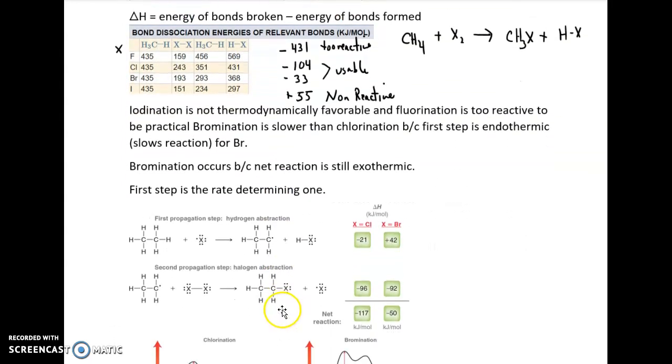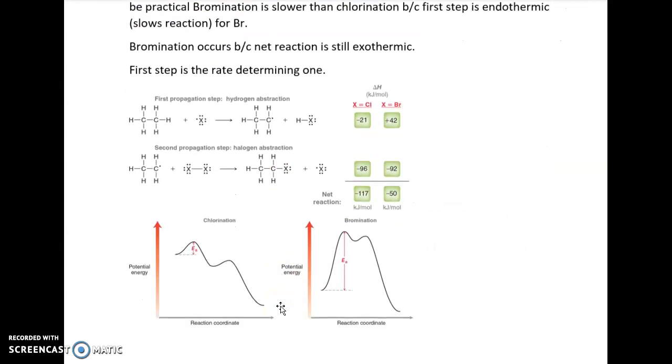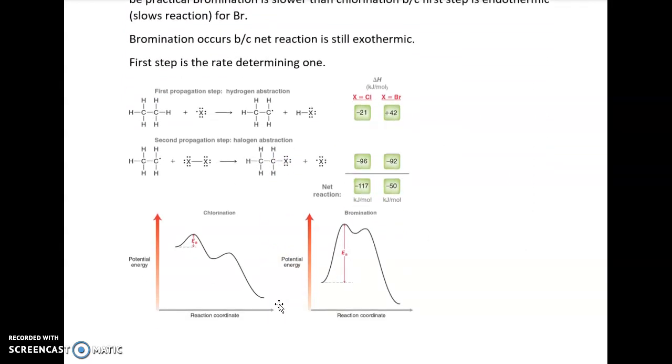The first step is the rate determining step. And we're going to look at this more closely. The first propagation step's the hydrogen extraction. For chlorine, it's negative. So we see this distance here is our delta H, and that's a negative, and so that reaction goes quite well. For bromine, it's positive.